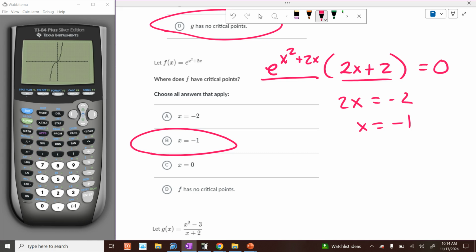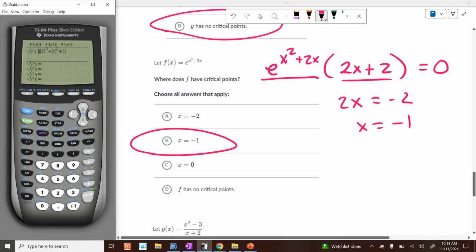So, again, if you question this, let's graph it. So you take e, and you graph the original, not the first derivative. E to the x squared plus 2x.